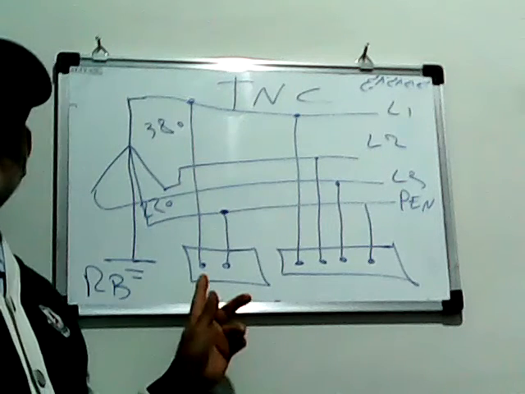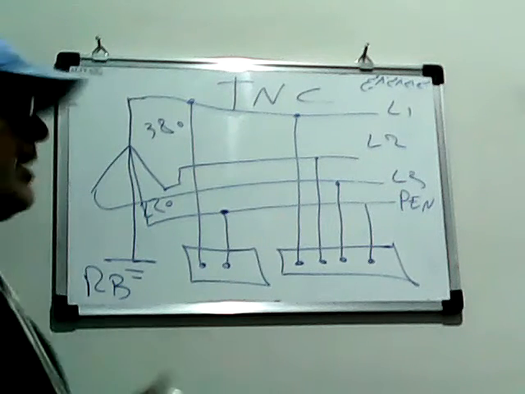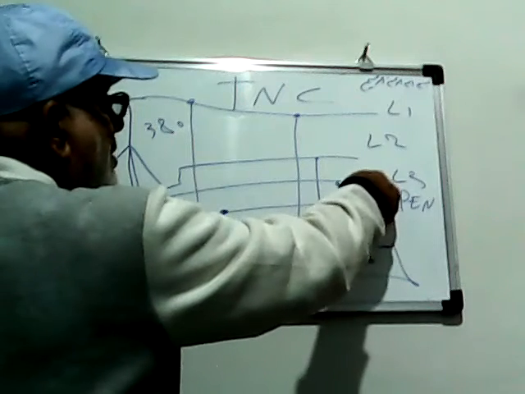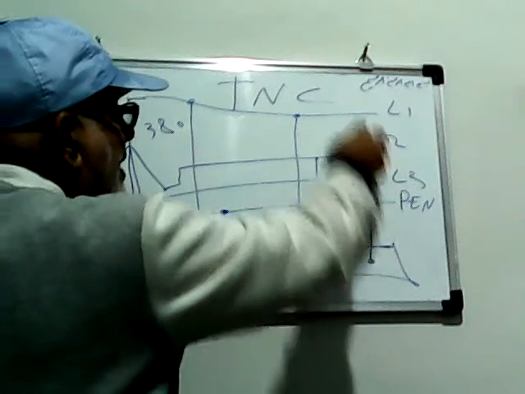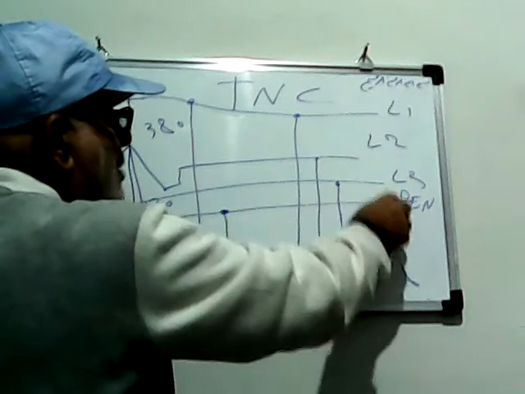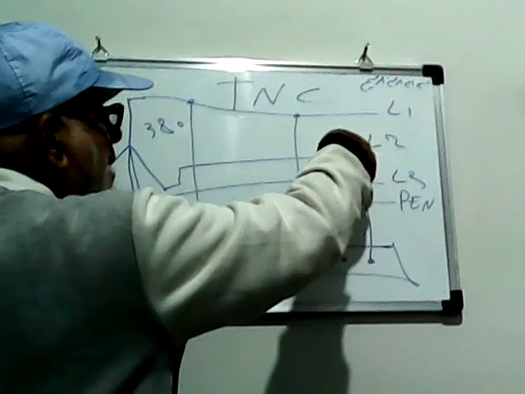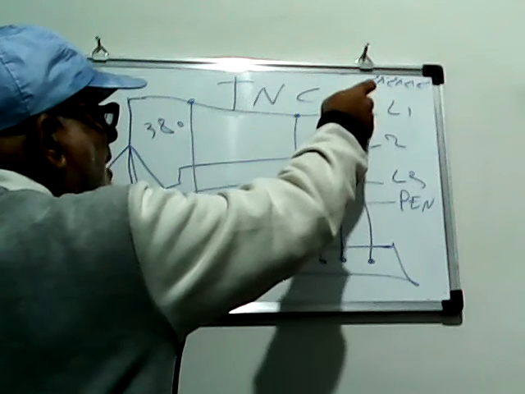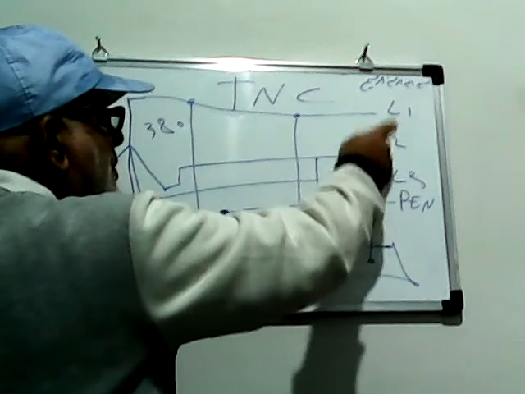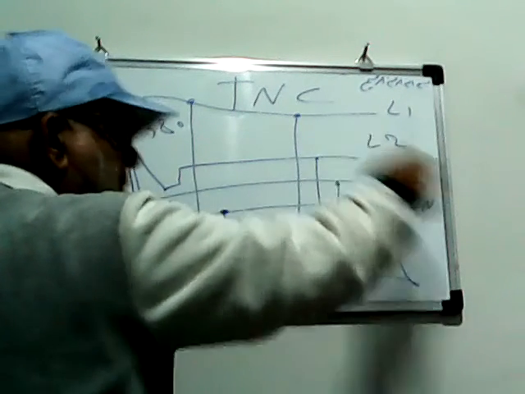This is the TN-C system. We have phase voltage from one of the lines to PEN, and line voltage between L1, L2, L3.